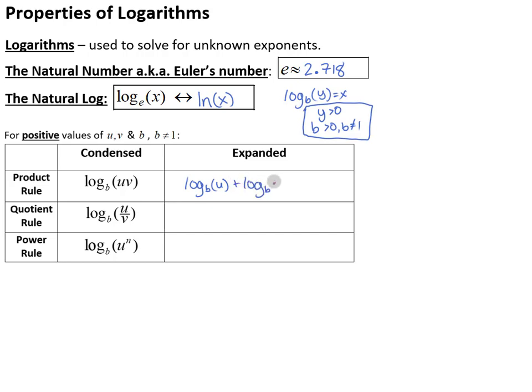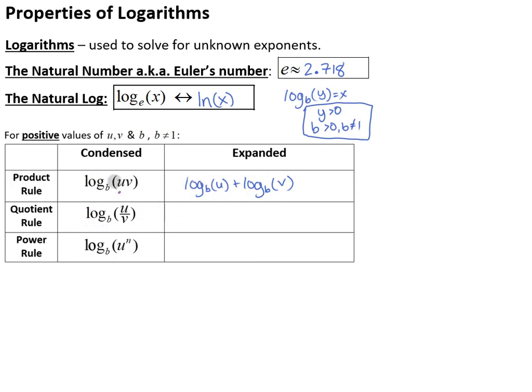And a good way to think of this is repeated addition means multiplication, right? So multiplication has to do with adding 2 logs here. And this goes backwards and forwards. So if you have 2 logs being added, I can condense that into 1 log, or I can expand it into 2 logs being added.